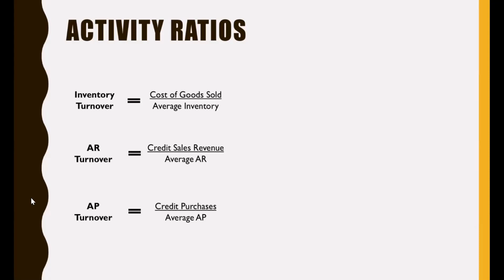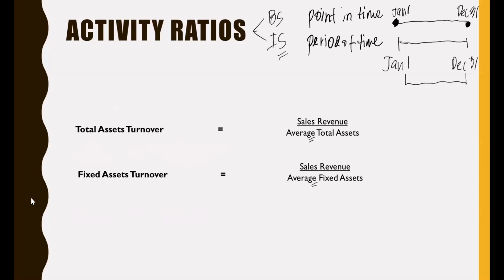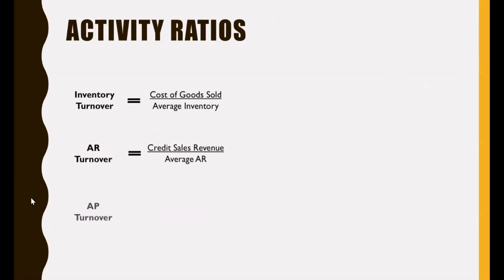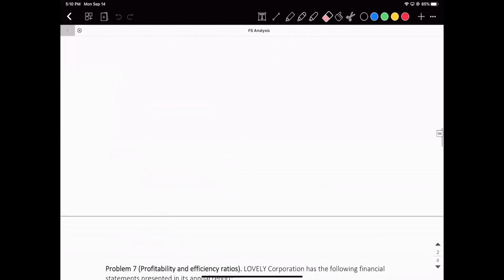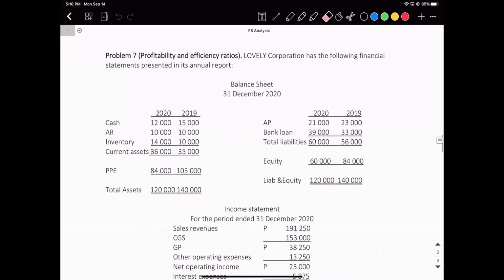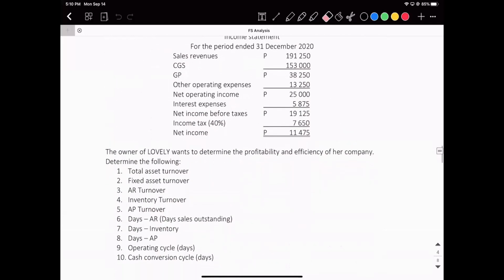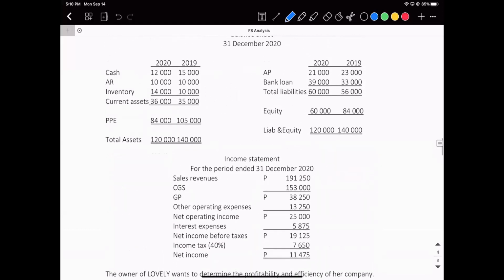Pwede natin i-solve, no? So, balik tayo dun sa may isa dito. Alam ko na. Dito na lang. Ayan. So, same lang to, no? Ayan yung kanina. Okay, so we're done with number 1 and number 2. So, dito na tayo, AR, inventory, and AP turnover. Okay.